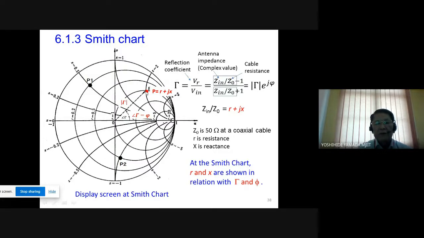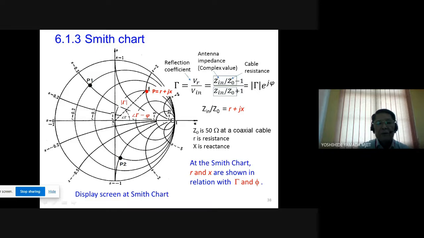And the Smith chart expresses the real part, the resistance part, like this one. And this is the reactance part. All the values are normalized by the impedance of the cable. At this point, the reflection amplitude is 0, so no reflection.